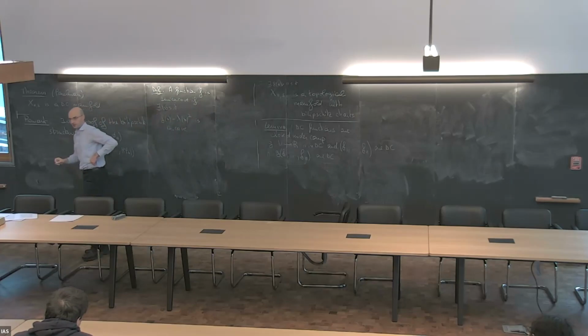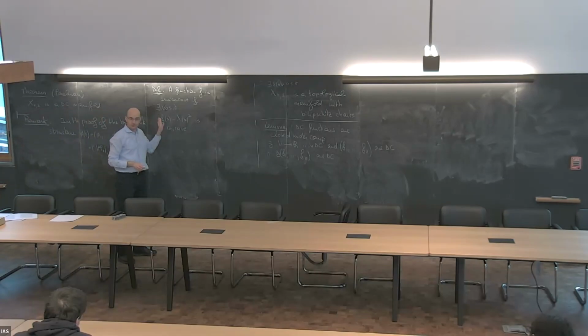Which amounts just to say that the second derivative of f is bounded above by lambda times the identity. Okay, so I cannot reach infinity from the right side, right?